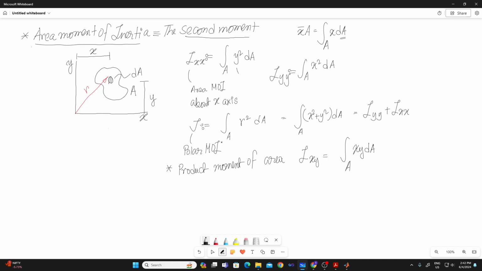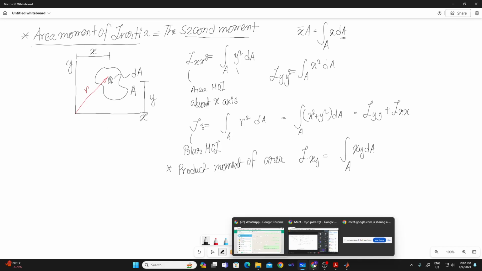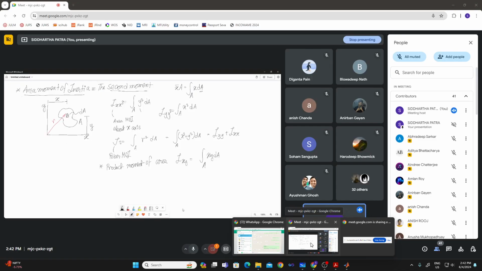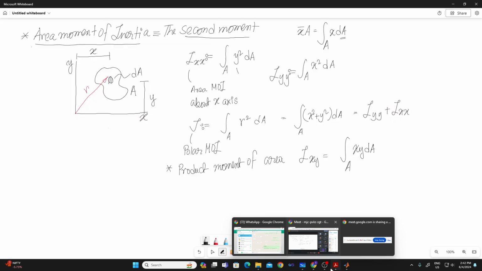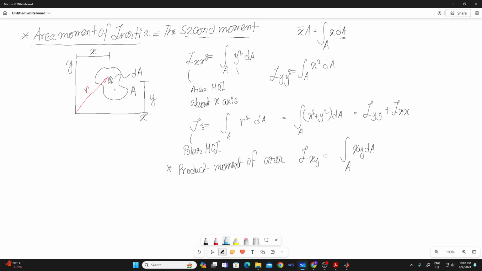So whenever you are designing, say, a robot arm which is going to carry a certain amount of load, it's the moment of inertia of the area that matters, and it's not just the moment of inertia of the cross section, it's the moment of inertia about the centroidal axis. That means instead of taking the global coordinate system, you need to be choosing the centroidal axis. So let's say this is the centroid.